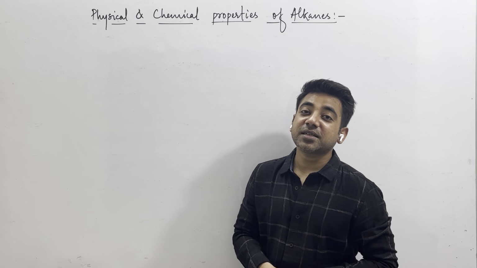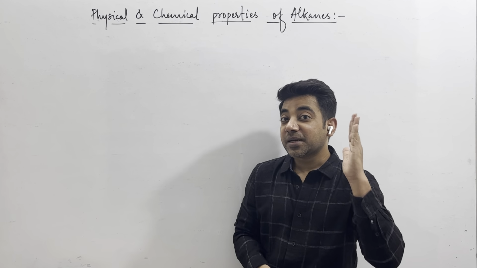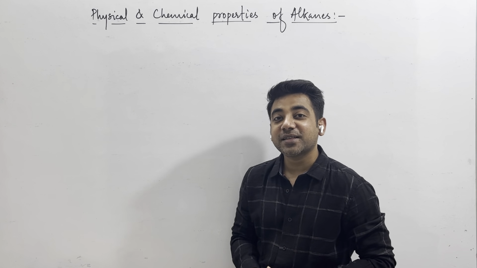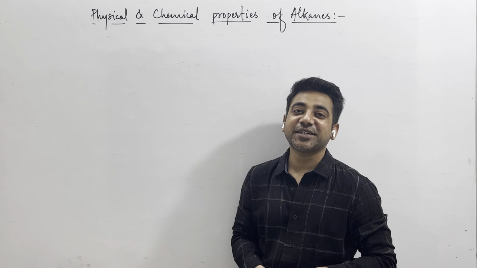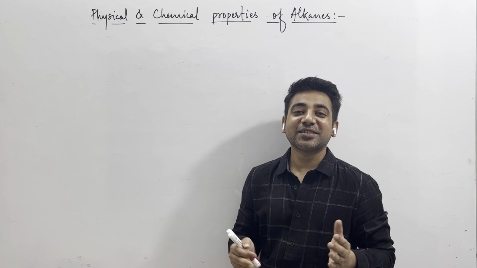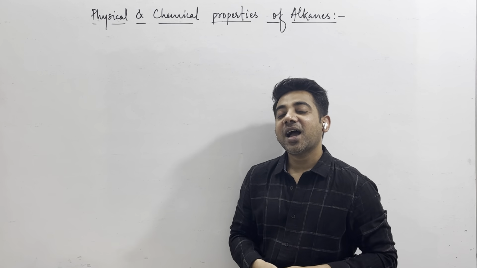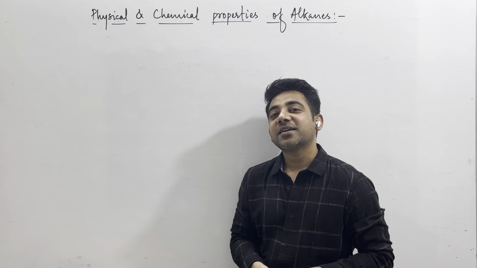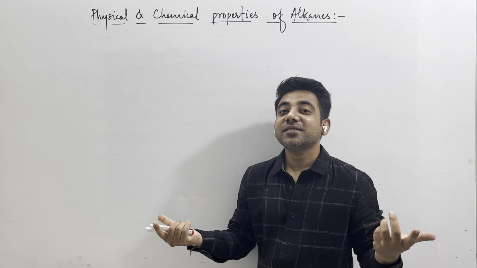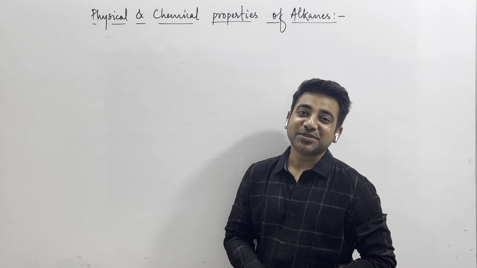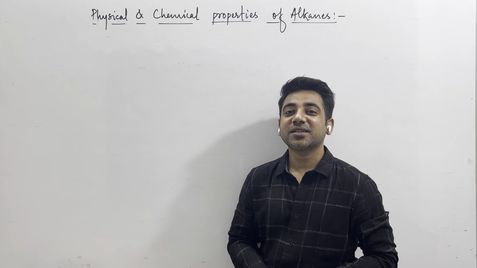And when molecules take the shape of a sphere, you can apply the mathematical concept here that spheres have lesser surface area. So when the surface area decreases, again the van der Waals force decreases, and when van der Waals force decreases, the boiling point will decrease. So this is the reason, and it is very important.